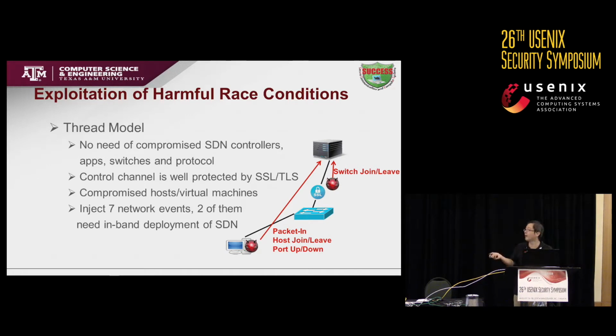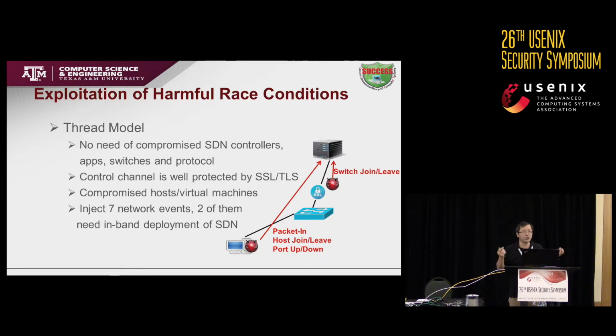After we verify using our adversary state racing, we can see how to exploit that using an external attacker model. The threat model we use is as follows. First of all, we do not need any compromised SDN controllers, apps, switches, or protocols.